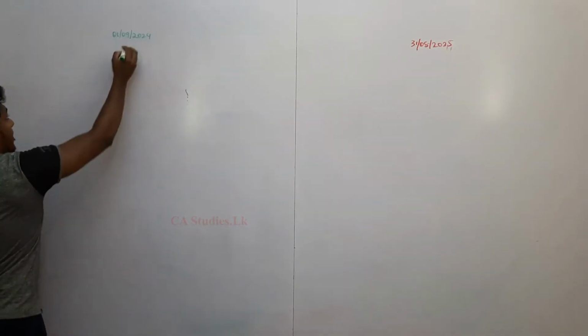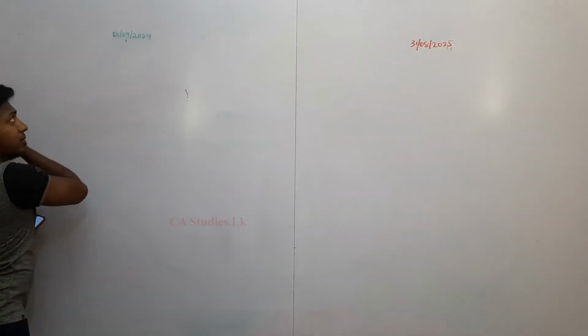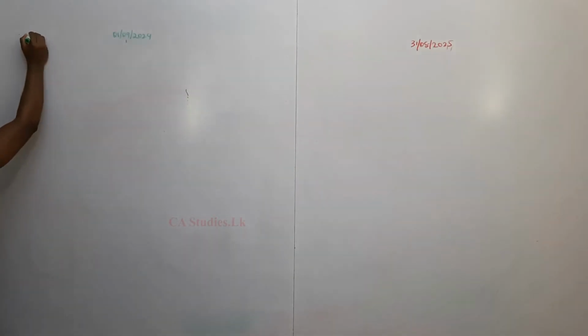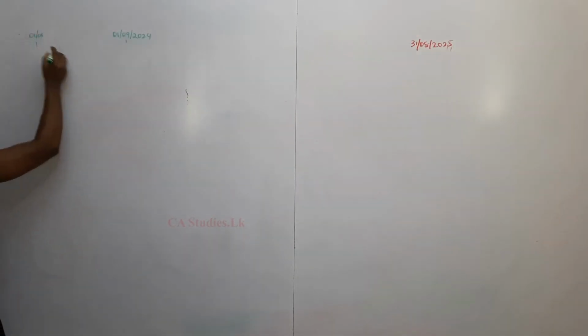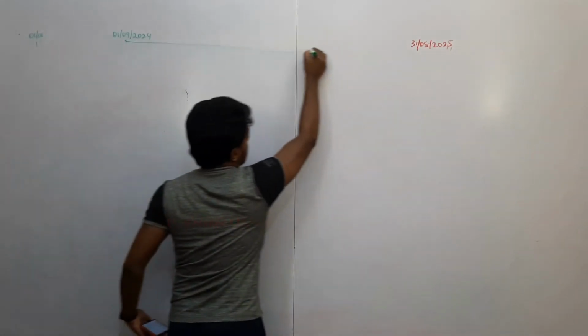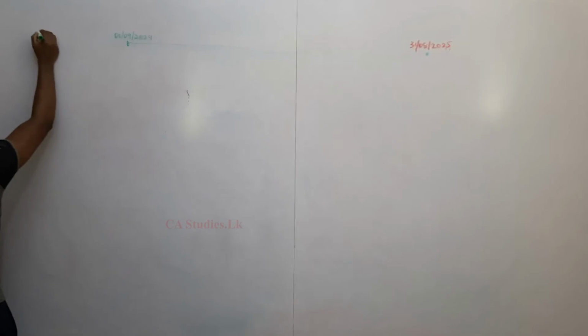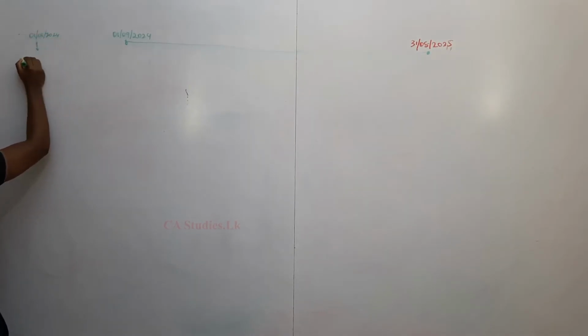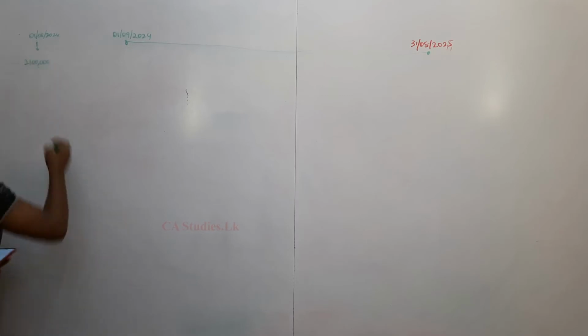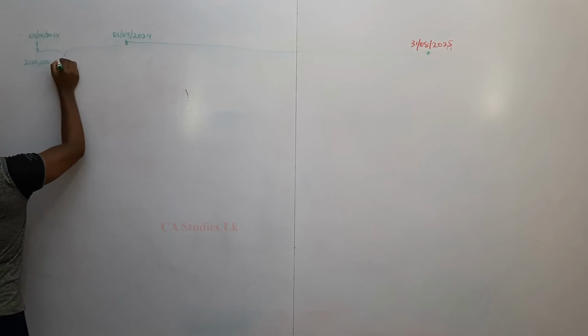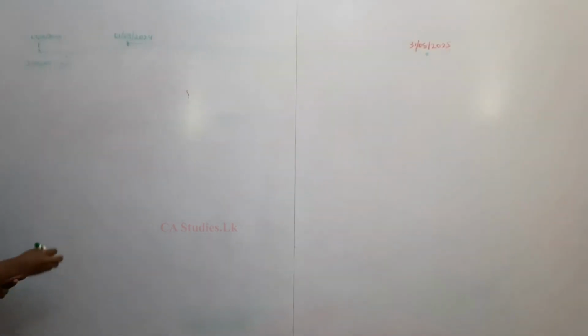Already we have paid on 1st August. This is the financial year, keep that in mind. Already on 1st August 2024 we have paid 2.1 million as prepayment. So the first month cost is 700,000, right?